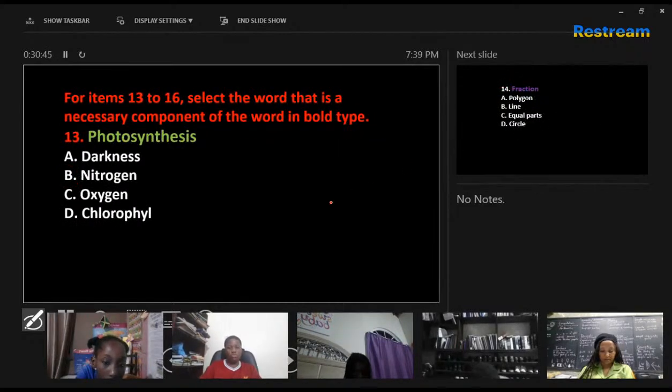Okay, Amari. For items 13 to 16, select the word that is a necessary component of the word in bold type.